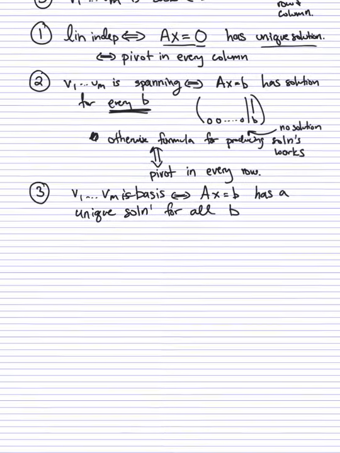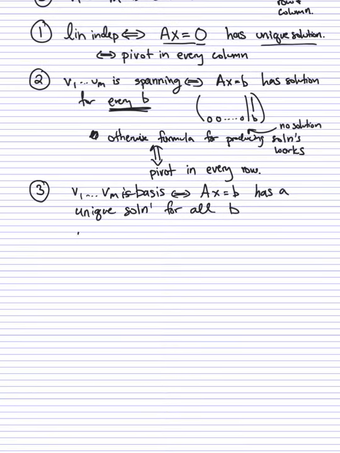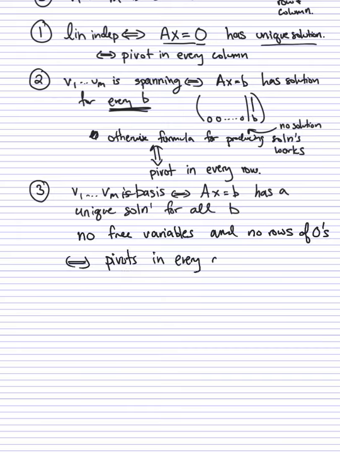Therefore we have no free variables and no rows of zeros, so we get pivots in every column and row. That's essentially just putting the last two conditions together.